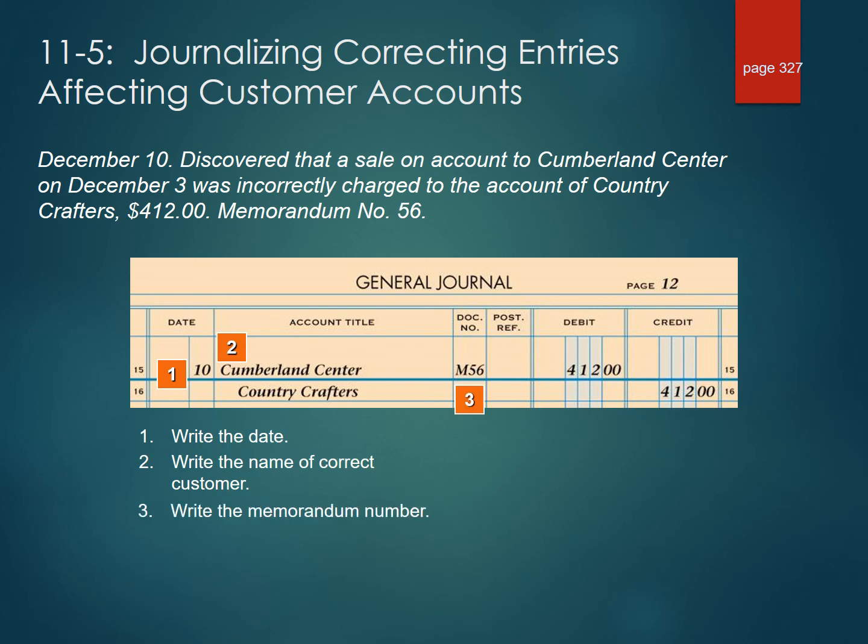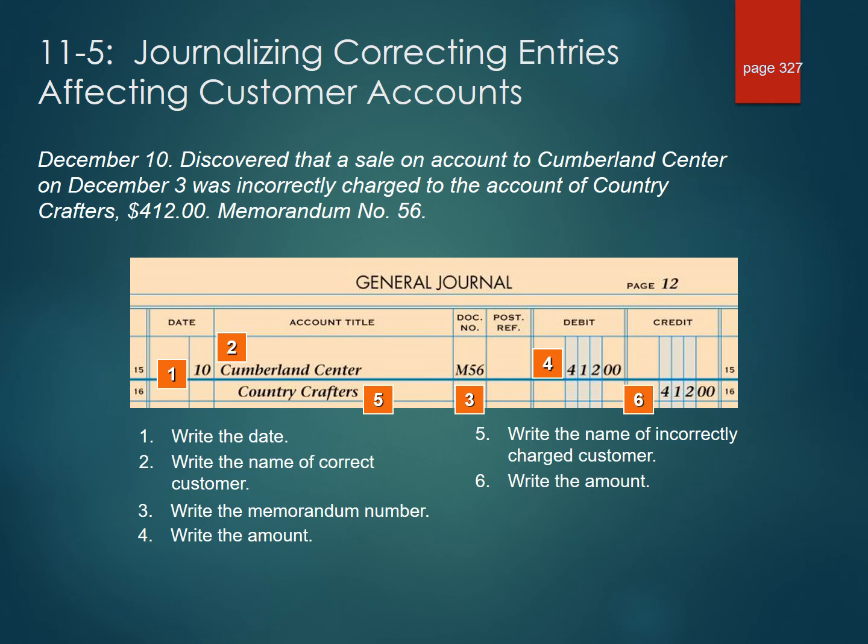We will record the memo number. Then we will write the debit amount. We will then credit the incorrect charge customer and write the amount.